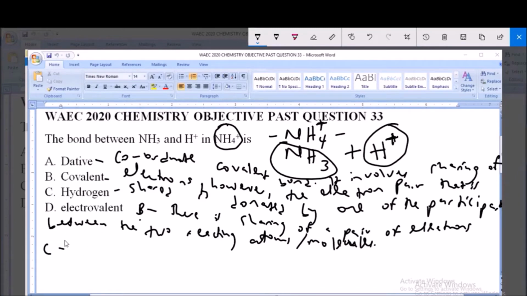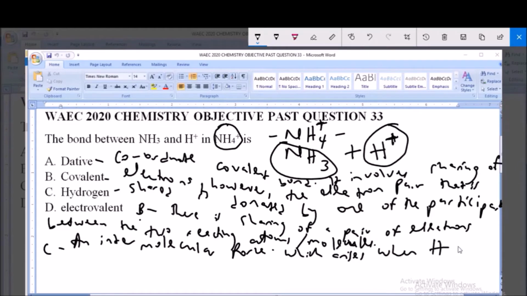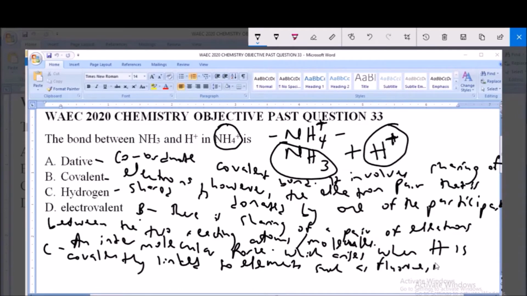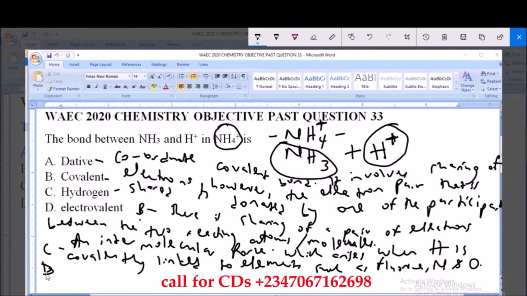Now option C, the hydrogen bond, is an intermolecular force which arises when hydrogen is covalently linked to elements such as fluorine, nitrogen, and oxygen. And option D, the electrovalent bond, is a bond which involves the transfer of electrons from one atom, which is usually metallic, to another, which is non-metal.